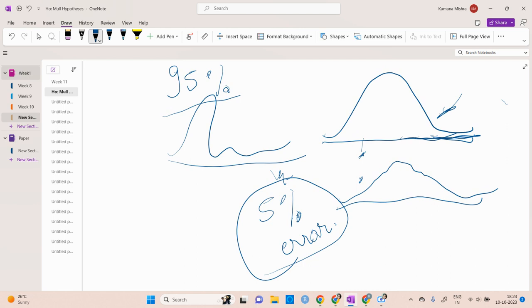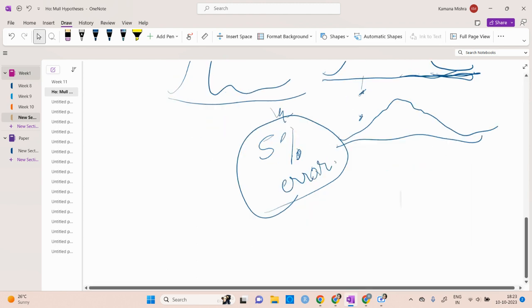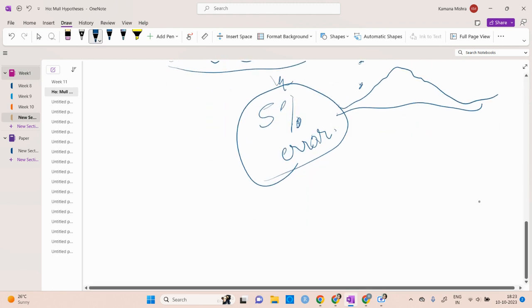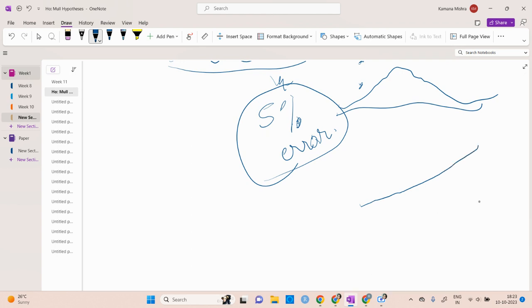Another thing is that in the time of trend analysis, it also matters whether the data is increasing significantly or it is just increasing, right? Sometimes you have an increment like this, and let's say this is the baseline and you have an increment like this.